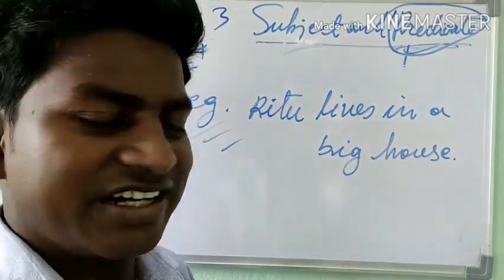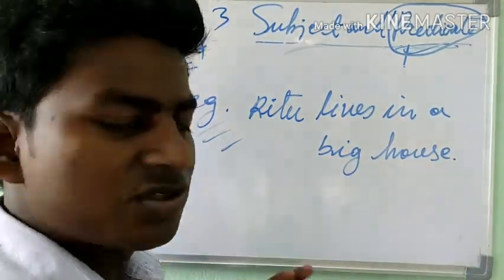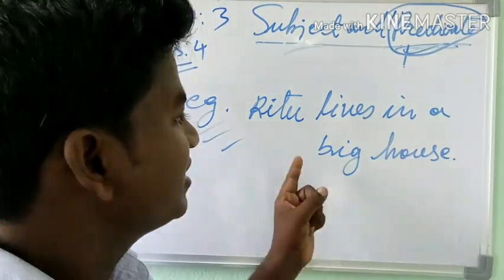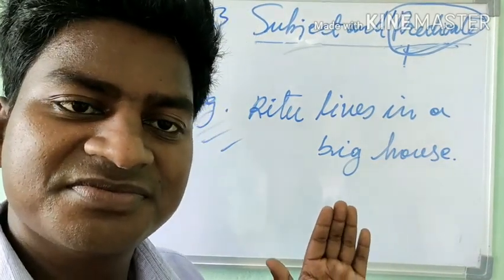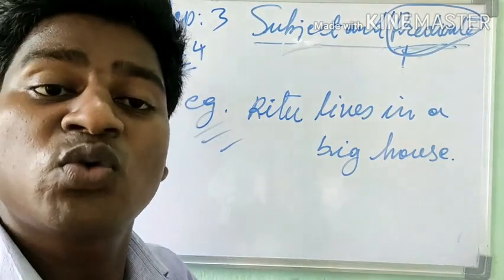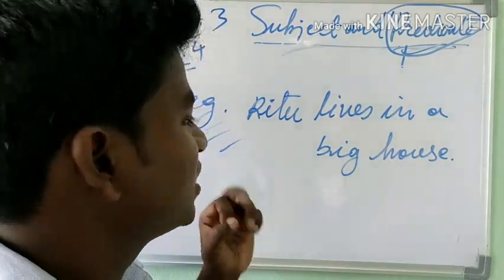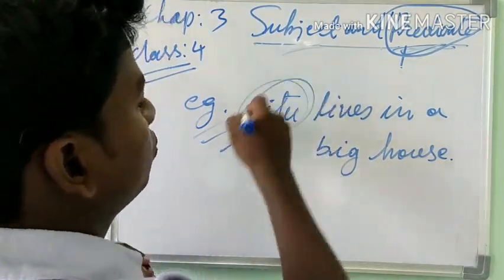Now look at this sentence. Ritu lives in a big house. About whom or about what is the sentence? Here we are talking about Ritu.